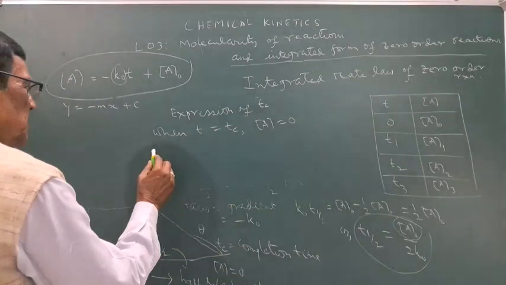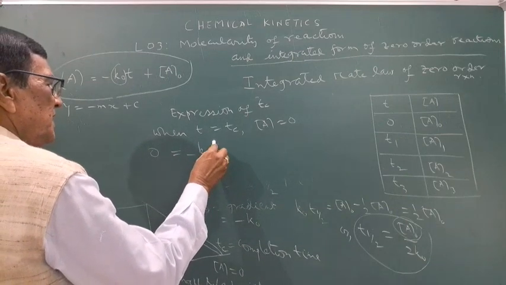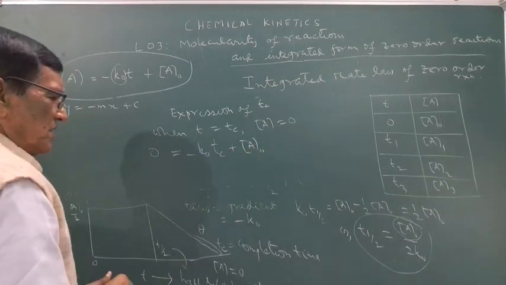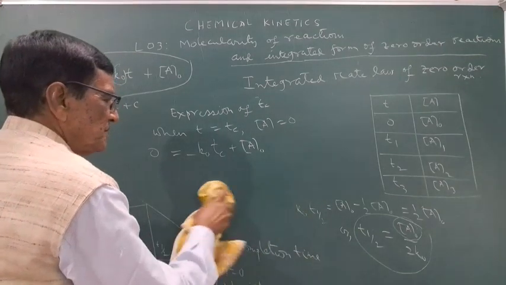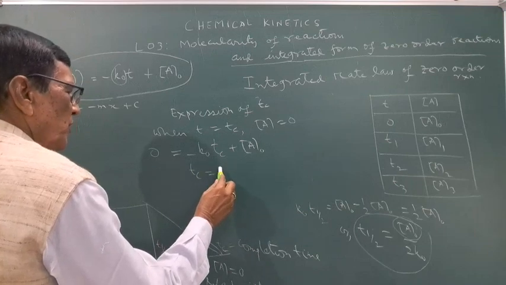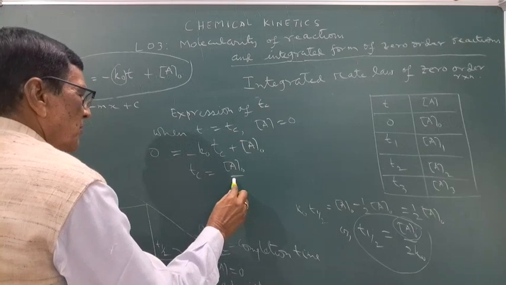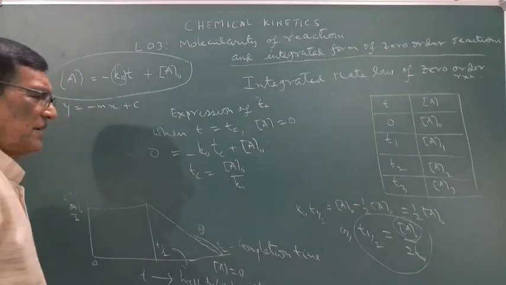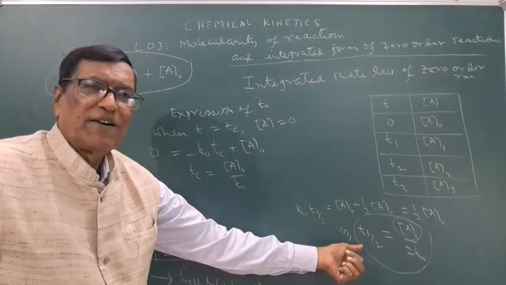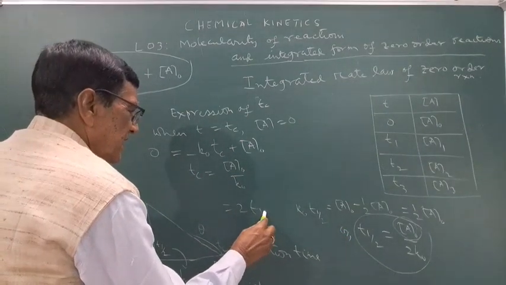So 0 equals minus K naught Tc plus the concentration of A naught. So Tc equals the concentration of A naught by K naught. You see, Tc is double of this T half, or you can write Tc equals twice T half.